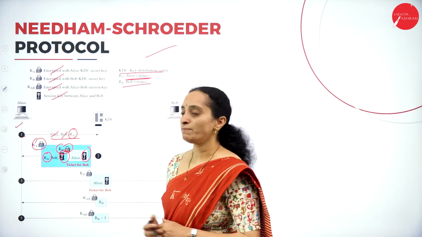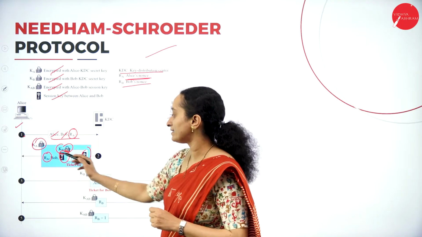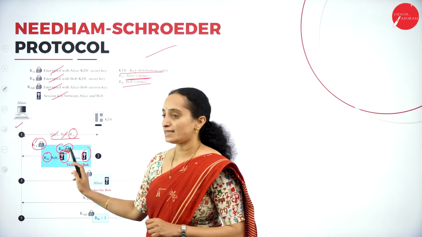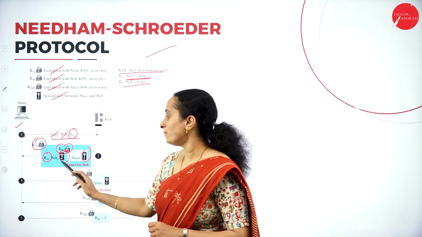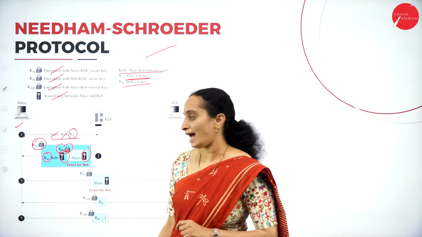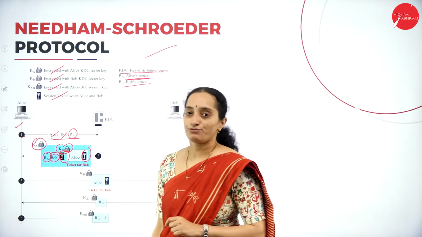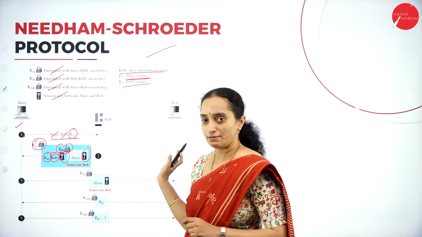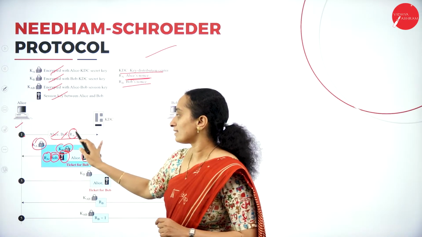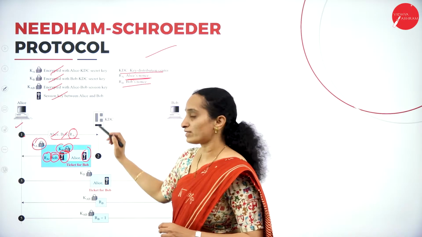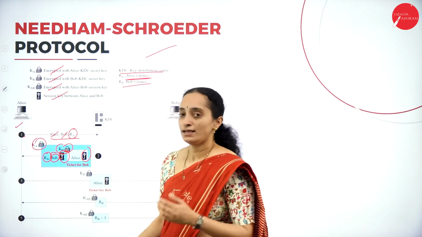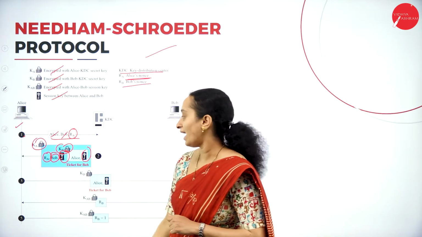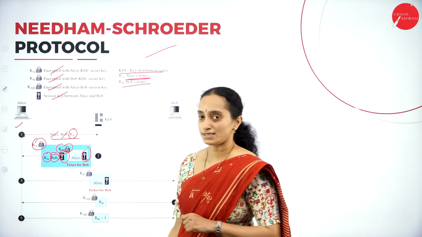In the same way, the ticket generated in the KDC will have all these parameters: secret keys of Alice and Bob, the nonce of Alice and the identity of Bob, because the nonce of Bob will be with himself. Okay. Since Alice has sent the nonce to the KDC, it will be given as a ticket again back to Alice along with the session key.